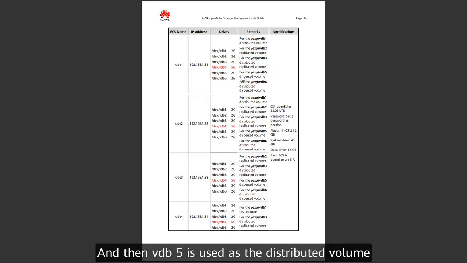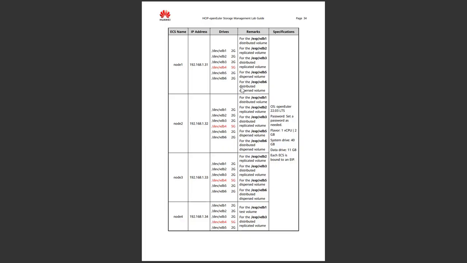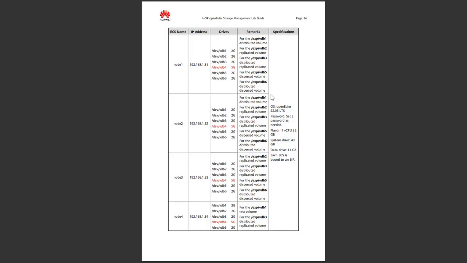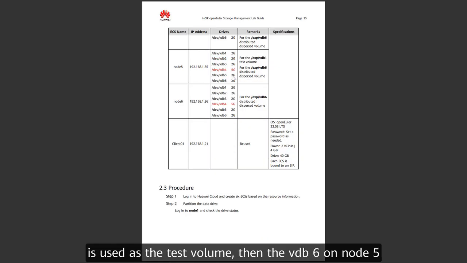Then VDB5 is used for a dispersed volume, and VDB6 is used for a distributed volume. Then the VDB1 of Node 4 and Node 5 is used as a test volume.